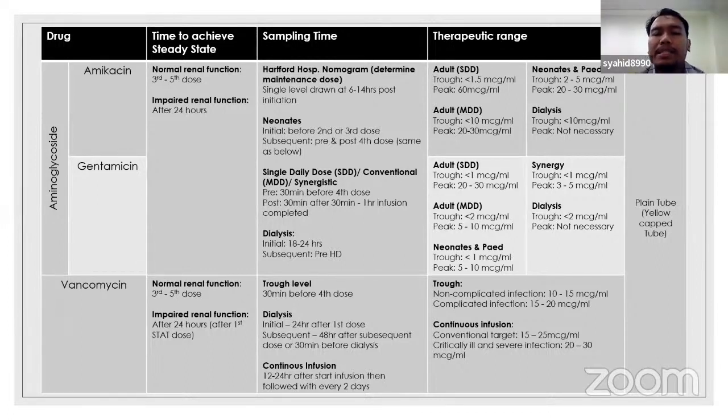Okay, for dialysis patients, initially we will take a sample from 18 to 24 hours, or subsequently pre-HD, before HD, usually within 30 minutes before HD started. Okay, the therapeutic range also depends on the regimen and on the condition of the patient itself.